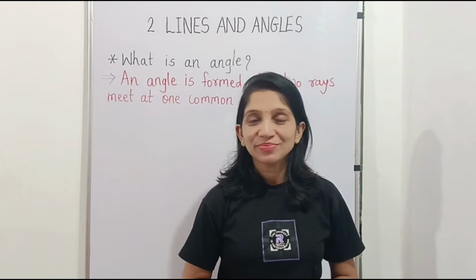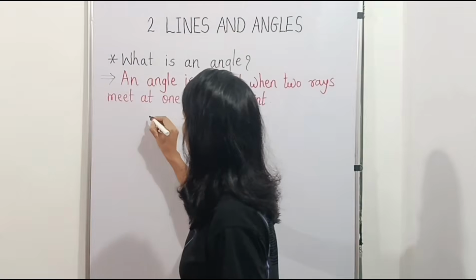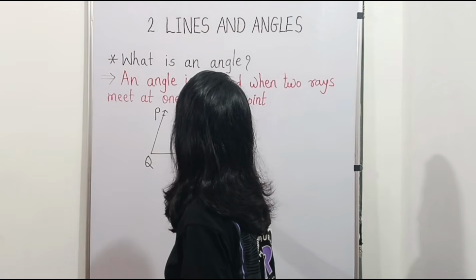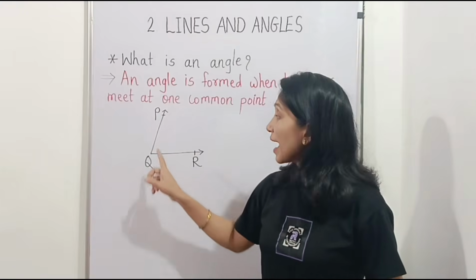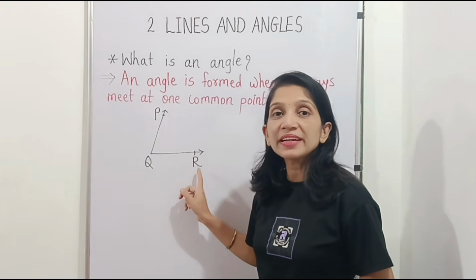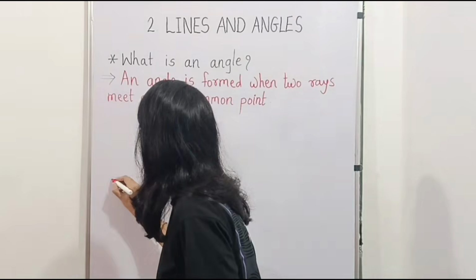Let's draw an example. Here, the angle can be read as angle PQR or angle RQP.